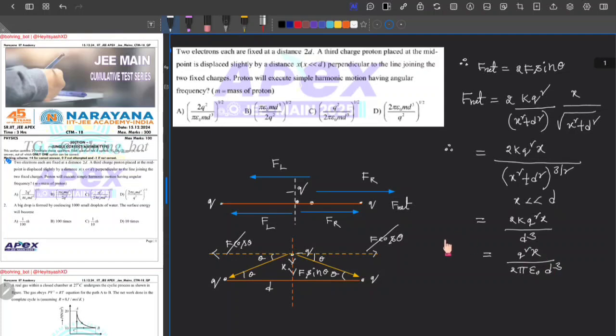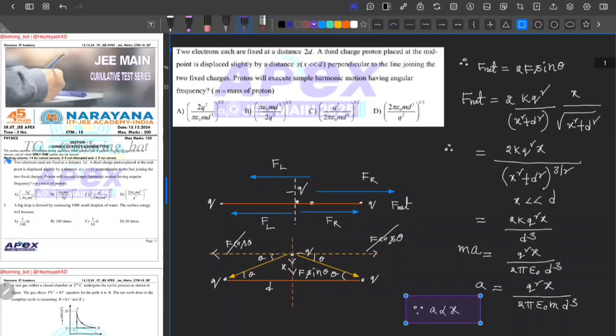That was F net, which is nothing but m into a. Therefore this a will be equal to q square x by 2 pi epsilon naught m d cube. So here you can observe that since this a is directly proportional to x, it will do the SHM.